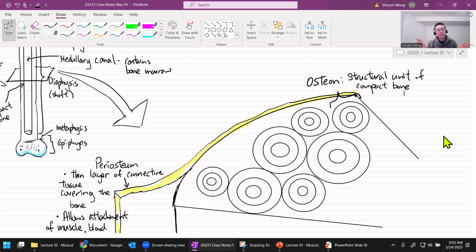The functional unit on that boat would be the rower, the individual people rowing, which allows the whole thing to move. Whereas here we're not talking about function, what it does, we're talking about how to build it. So that's why it's a structural unit. Understand?